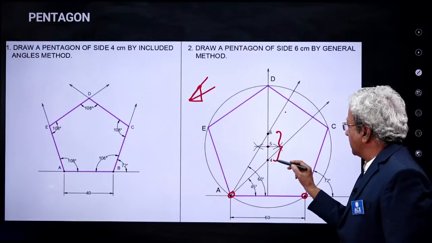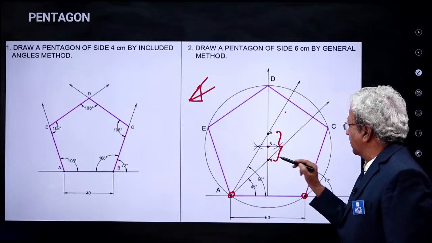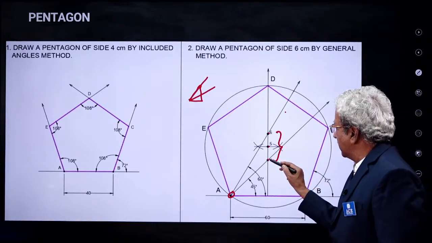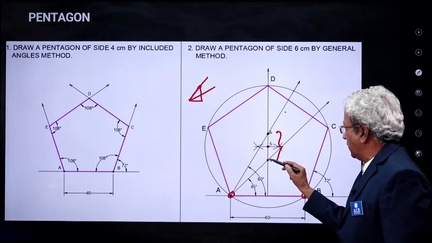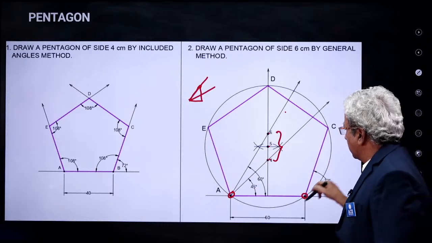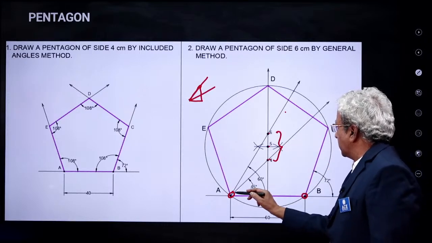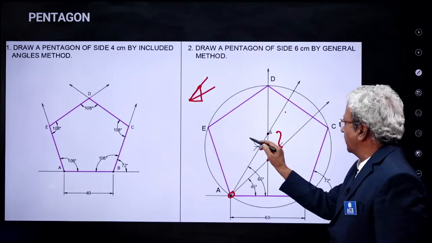If I take a circle with center 4 and radius the distance from A to 4 and draw the circle, within that circle you can develop a square.